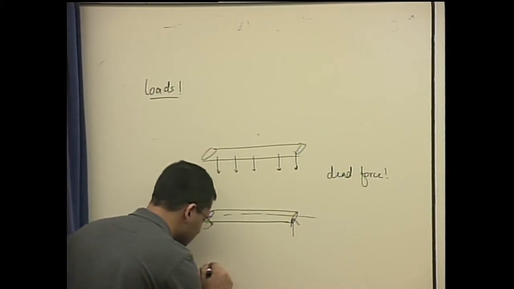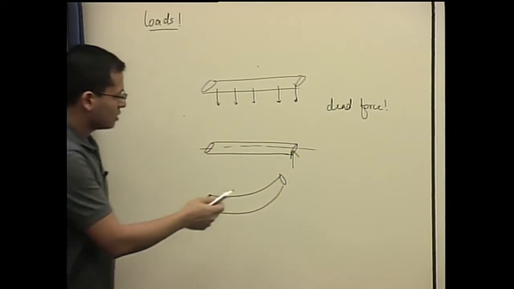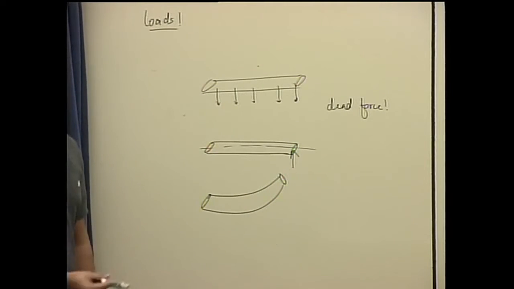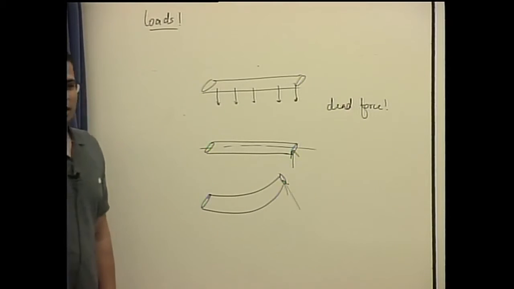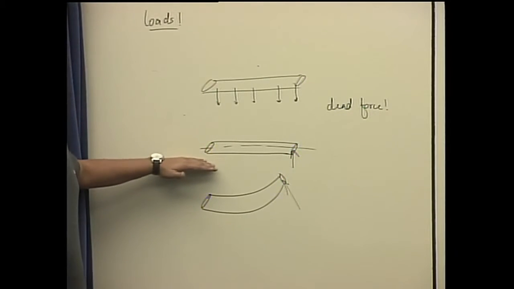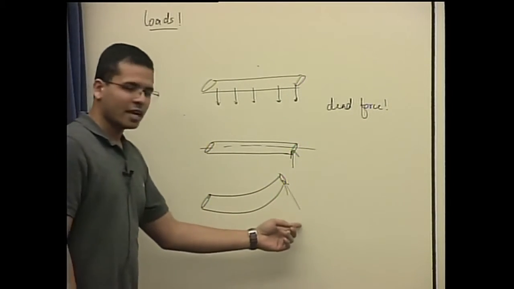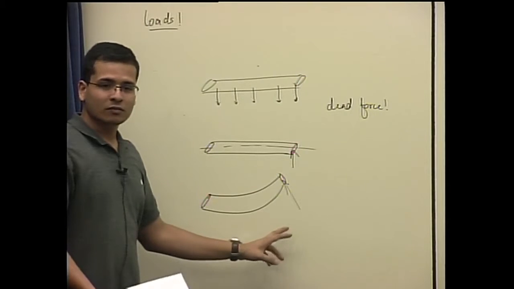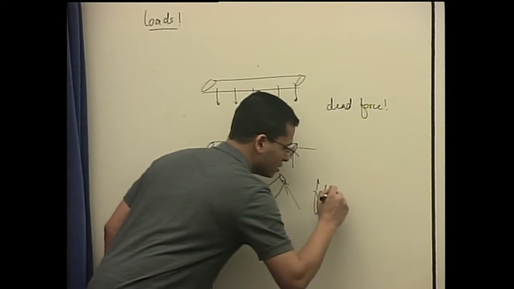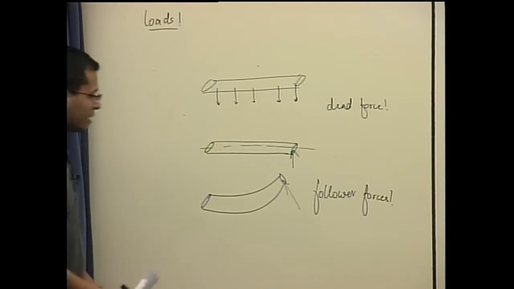Now what if this blade deforms? What are the characteristics of the lift now? It will be perpendicular to the surface again, right? So we see that the forces were applied in a vertically upwards direction before, but now it's at some other angle based on the deformation. So this force is following the deformation. We call these forces follower forces. And they are non-conservative.